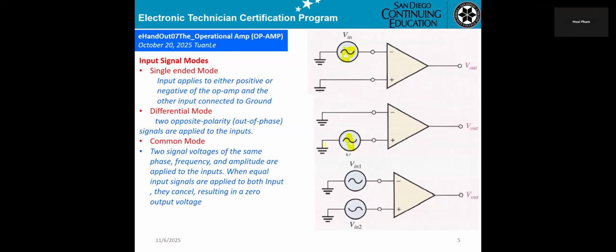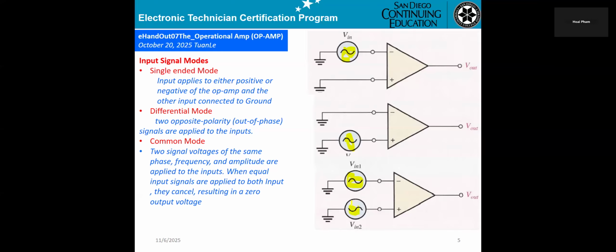Or they can apply to both inputs, negative and positive, and you can see, okay, when they apply signal V in 1 to negative and V in 2 to positive.